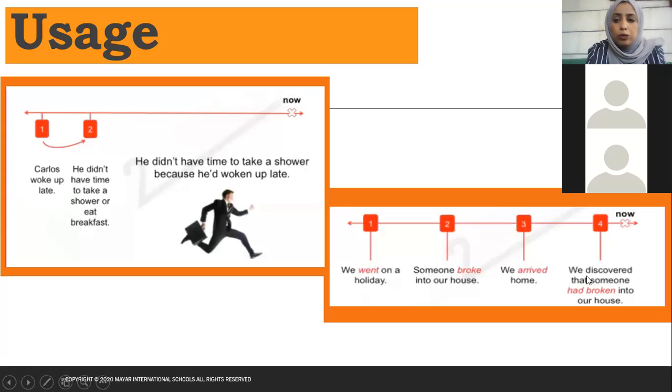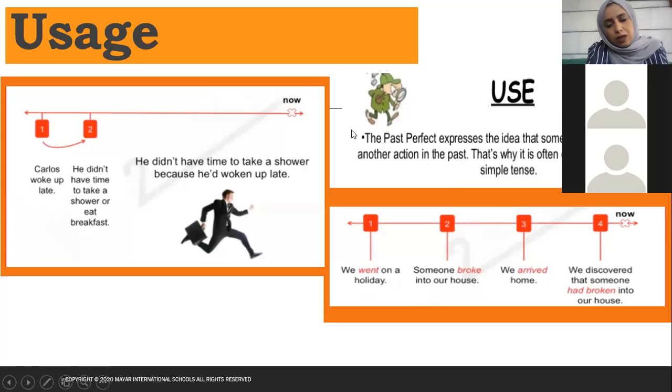So you say, we discovered that someone had broken, not someone broke, simple past, okay? So in general, we use the past perfect to express the idea that something occurred before another action in the past, okay? And that's why it's usually combined with the simple past.